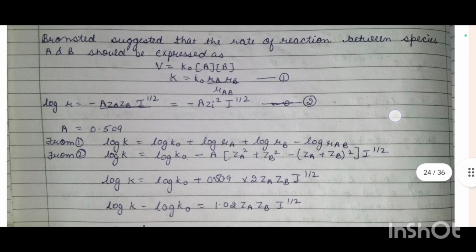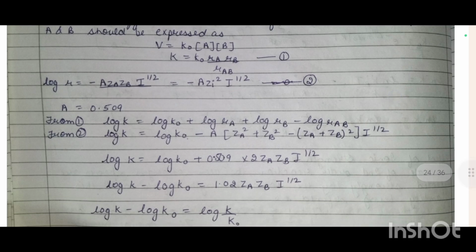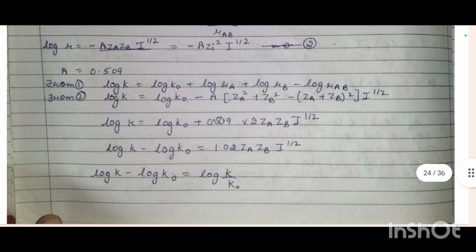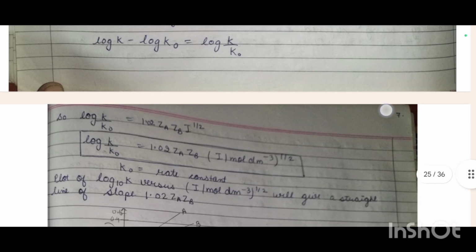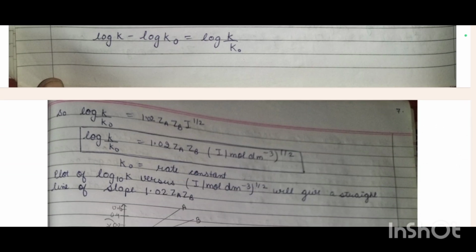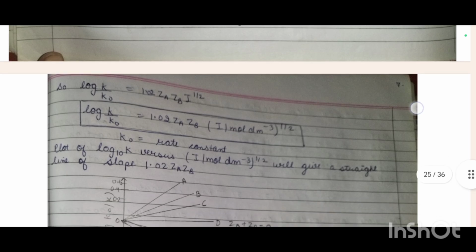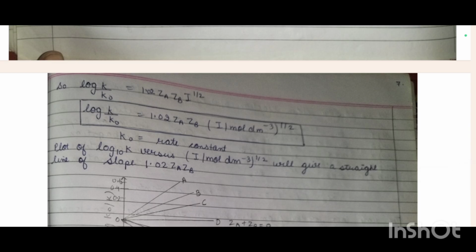Log k is equal to log k₀ plus log γ_A plus log γ_B minus log γ_AB. So log k minus log k₀ is equal to log k/k₀, which is equal to 1.02 z_A z_B multiplied by (I in mol dm⁻³) whole power 1/2.